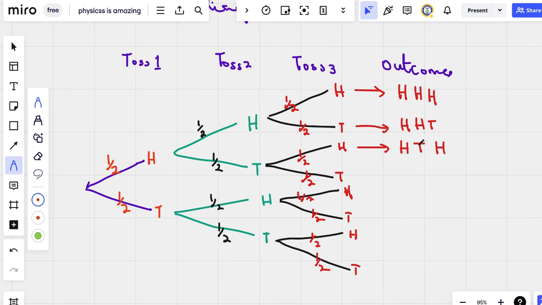Or means plus in probability. Or you go to this branch, but you now go down. So you have head, tail, tail. Right? You have head, tail, tail. This one.